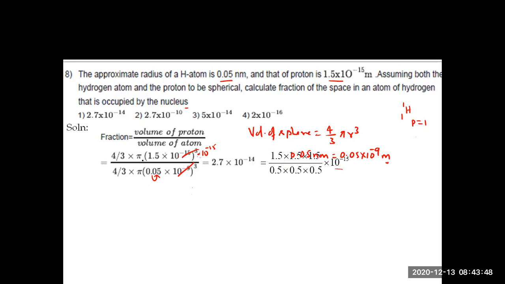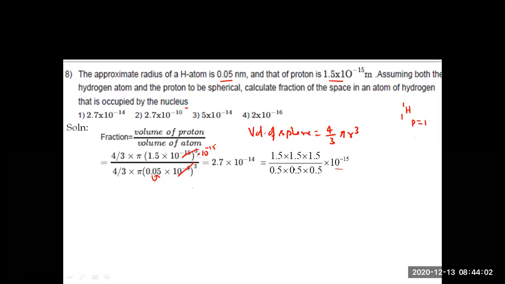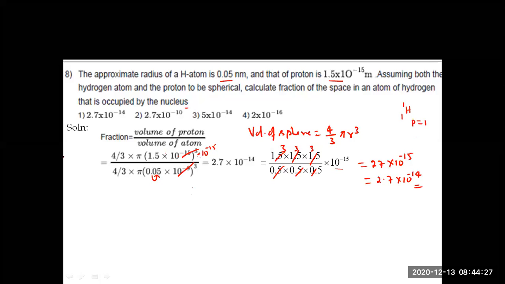So you can write the remaining ratio like this. 1.5 into 1.5 into 1.5 over 0.5 into 0.5 into 0.5. So 3 times, 3 into 3 into 3 is nothing but 27 into 10 raised to minus 15, which is 2.7 into 10 raised to minus 14. That is the answer. So option 1.